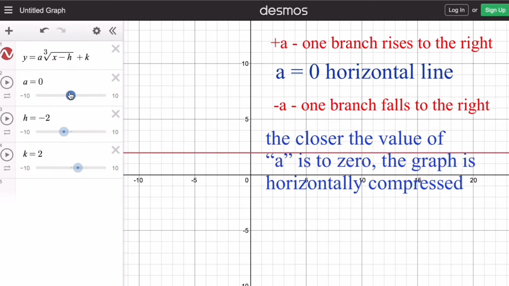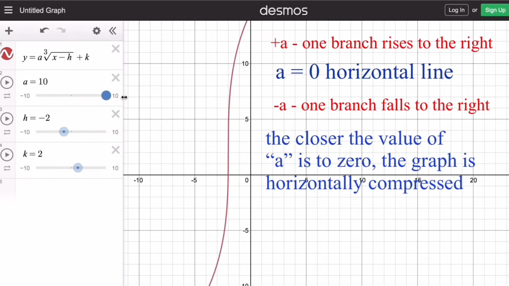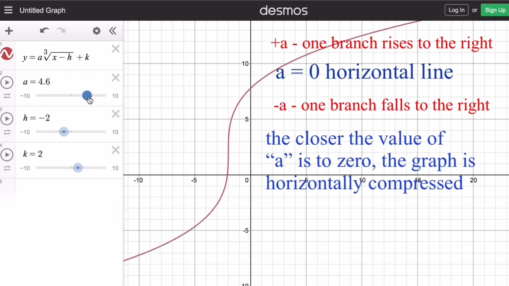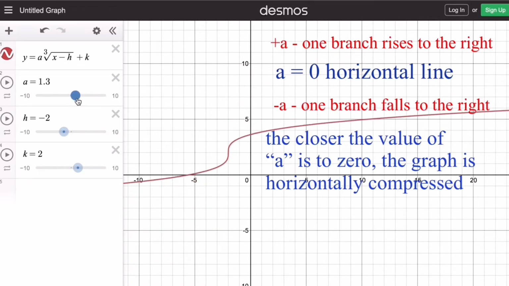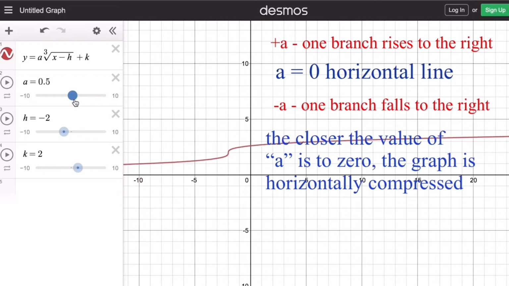The same is true on the other side: starting from a equal to 10, once it goes to 0, the graph again becomes horizontally compressed. That means the graph becomes more horizontal in shape.